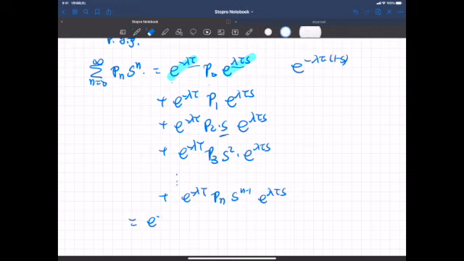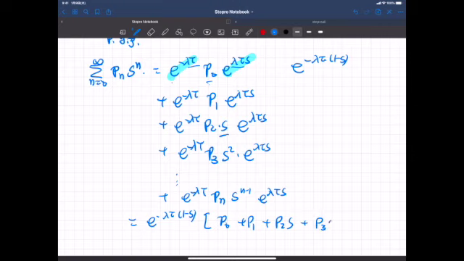And that will be multiplied by P0, P1, and P2 s, and P3 s squared, and in general Pn s to the power of n minus 1, and so on.